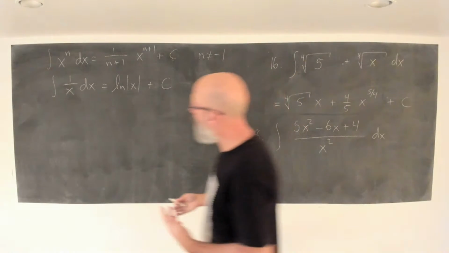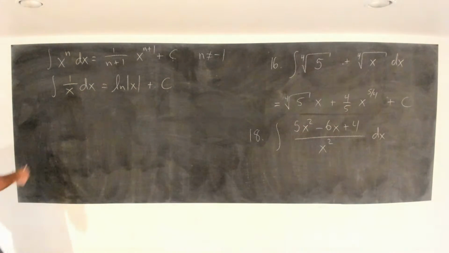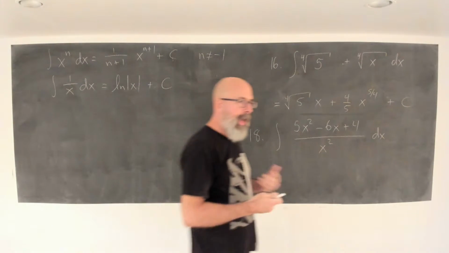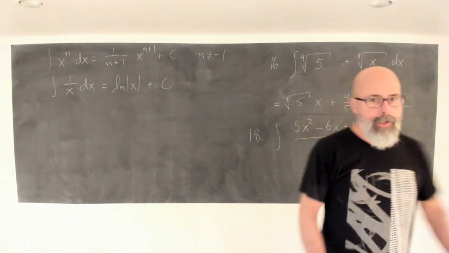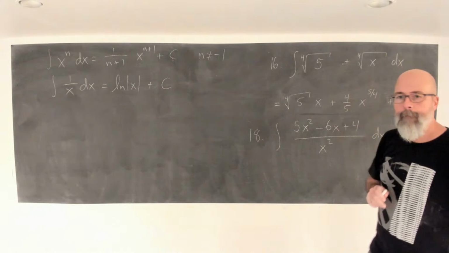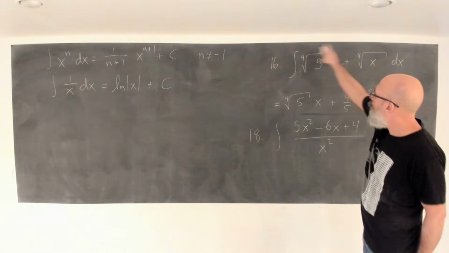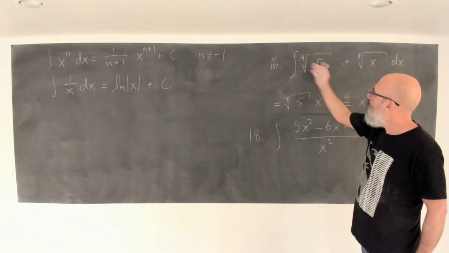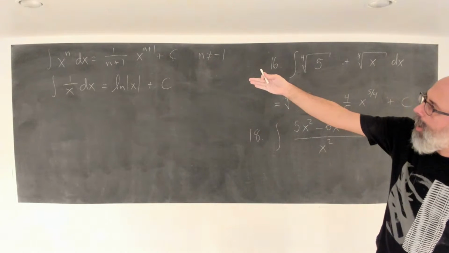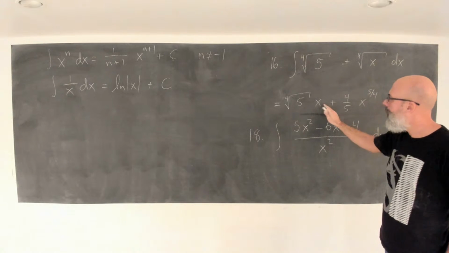Coupled with the fact that the antiderivative is linear, because the derivative is linear, right? So the antiderivative of a sum is the sum of the antiderivatives, so you can take the antiderivative of each part, and you can pull constants out. This is a constant, so you can pull it out, and we're looking for the antiderivative of 1, or x to the 0, which is x to the 1.